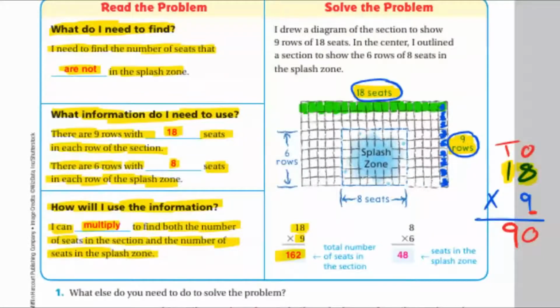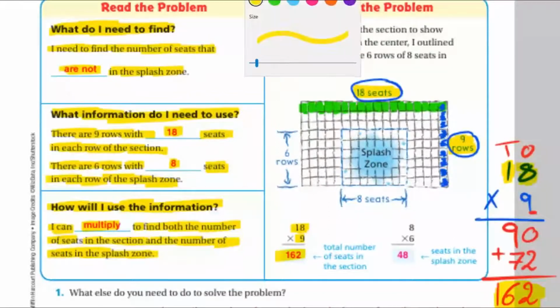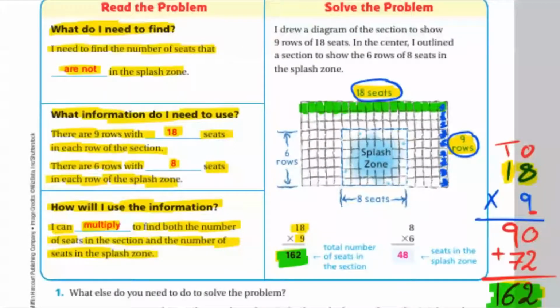So 8 multiplied by 9 equals 72. So just write 72. And let's add. 0 plus 2 equals 2. 9 plus 7 equals 16. So our answer here, like you see, equals 162.